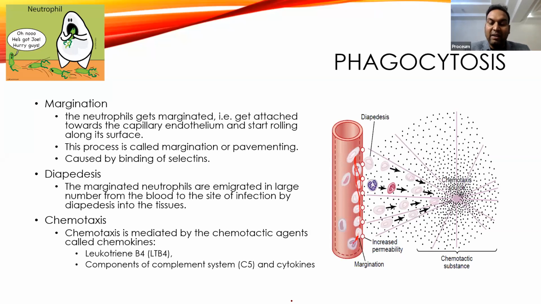So selectin will bind the endothelium with the neutrophils. Once this occurs, the neutrophil will form small pseudopods like an amoeba. Suppose this is a neutrophil which is attached to the margin, and it forms small pseudopods, and these will enter through the capillary pores, where fenestrations are usually present.